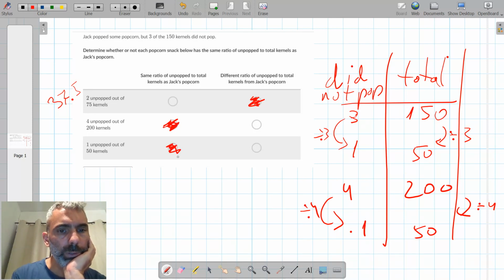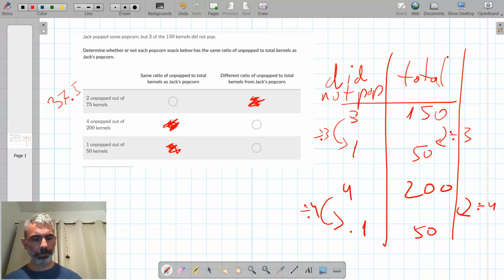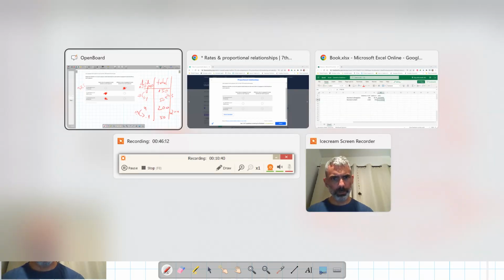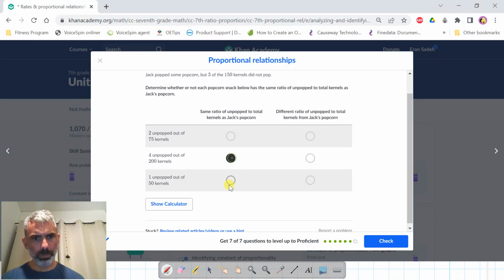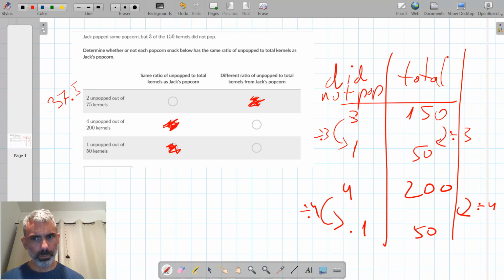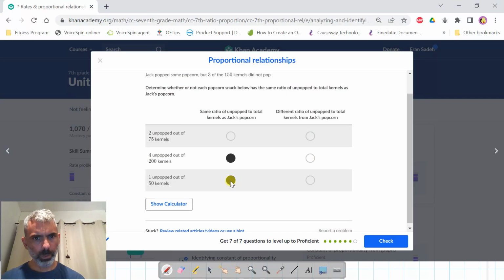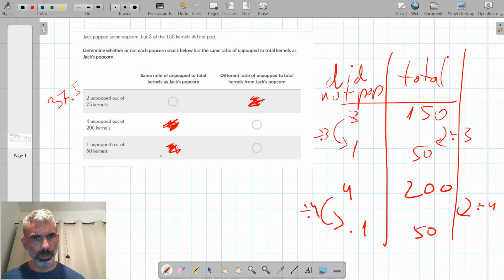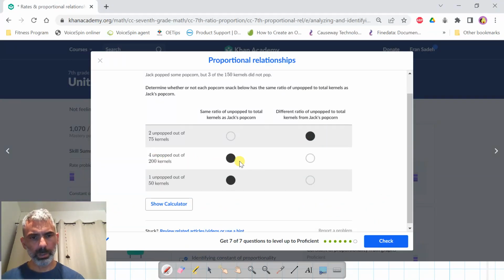Okay, so options B and C are correct. One out of 50 did not pop. This is not the same ratio.